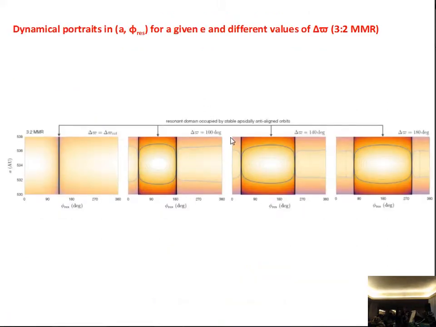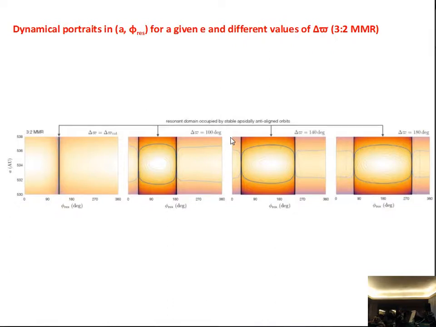So for instance, this is the mean motion resonance portrait, semi-major axis versus the critical angle of the resonance, for four different values of delta varp. Let's take first delta varp equal to 180 degrees, perfect anti-alignment between the orbit of the TNO and the orbit of the planet.